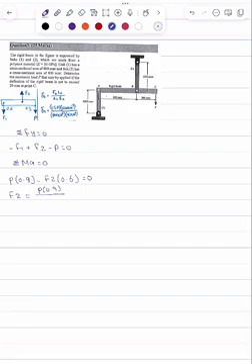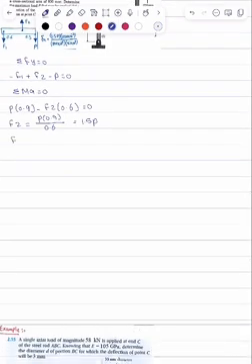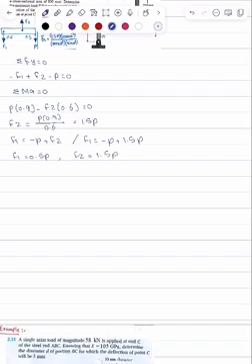F2 equals P times 0.9 over 0.6, equal 1.5 P. F1 equal minus P plus F2, equal minus P plus 1.5 P. So F1 equal 0.5 P. F2 equal 1.5 P.